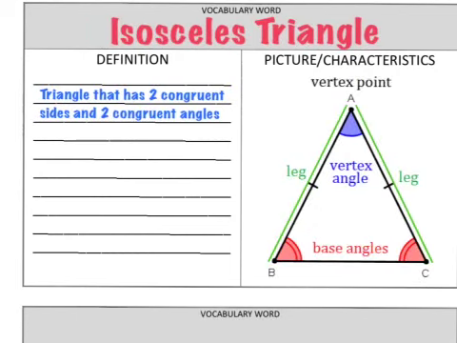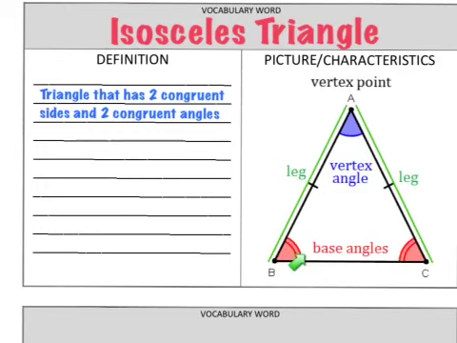Okay, moving on to isosceles triangles. Isosceles triangles have 2 congruent sides and 2 congruent angles. So the angles that are congruent are down here. They're called the base angles because this is the base. This angle is called the vertex angle. So the vertex angle is between the 2 base angles.